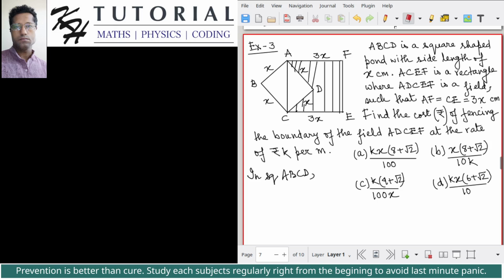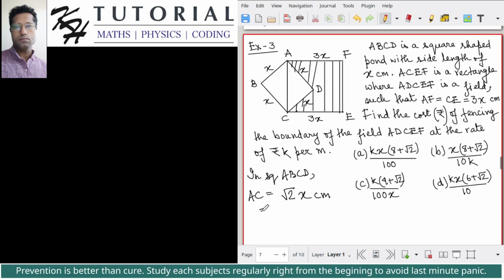So in the square ABCD, AC is the diagonal, so the length of AC will be equal to square root of 2 into x centimeter, since x centimeter is the length of each side of the square ABCD. So we have AC is equal to square root of 2 x centimeter.